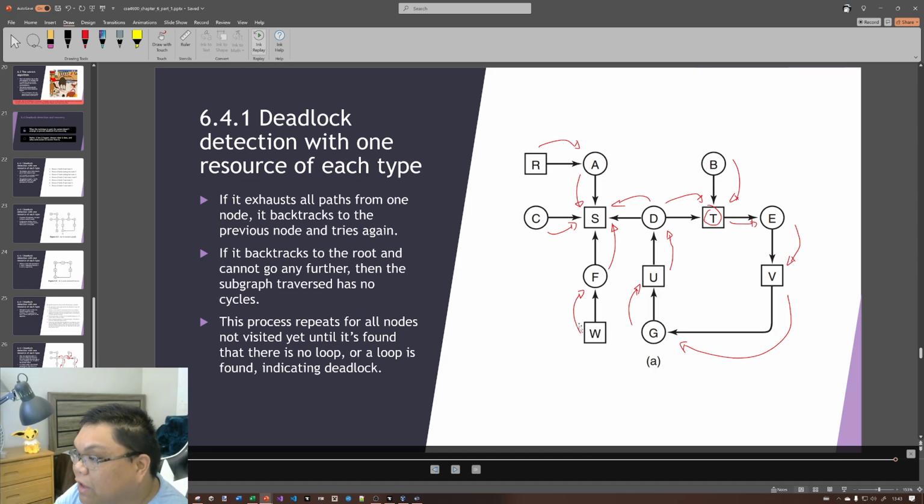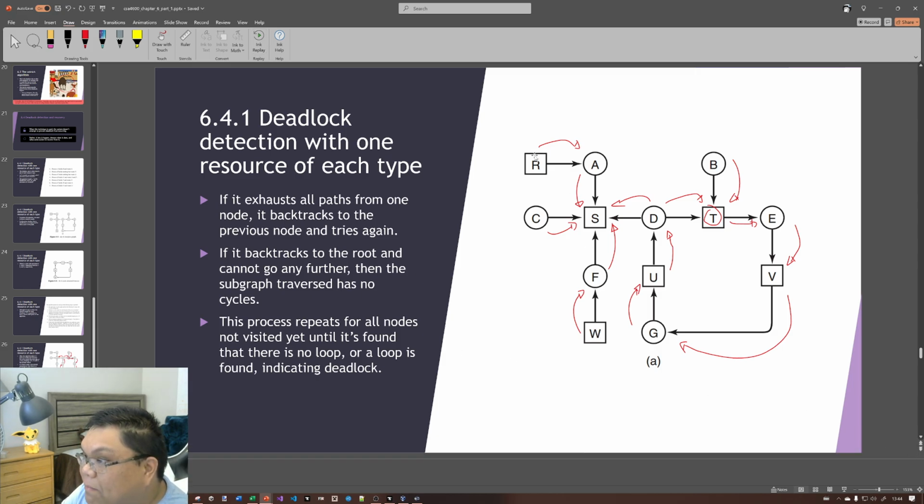So we start at node W. Our only path forward is to go to node F, and the only path forward after that is to go to node S. But there are no more paths, so we backtrack to F. But there are no more paths, so we backtrack to W. But there are no more paths, so that means we've explored everything that we can reach from node W. At that point, we keep going until we have explored every possible path, or we find a node that we had visited earlier. So let's go back here.